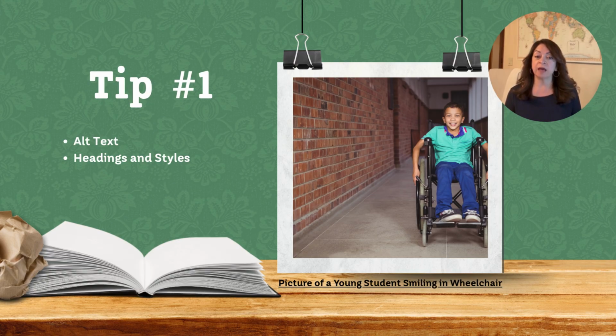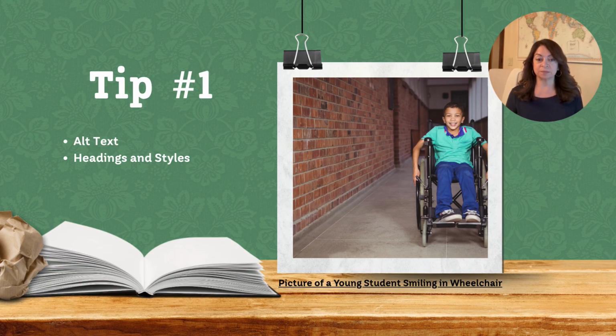As you can see on this slide, I have included a caption at the very bottom that indicates this is a picture of a student in a wheelchair. To avoid confusion and distraction, please remember to always enter a sentence describing your image at the bottom of the picture.